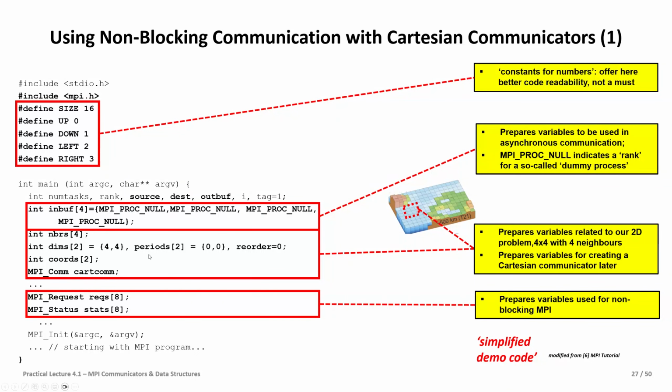Here we would have an in buffer created, then your neighbors, which should be 4, the dimensions 4x4, as we said, to make it 16. We have a helper variable size 16, but also define up, down, left, right with different numbers. We have the reorder, the periodics that you already know, and the card com that will now be our communicator.